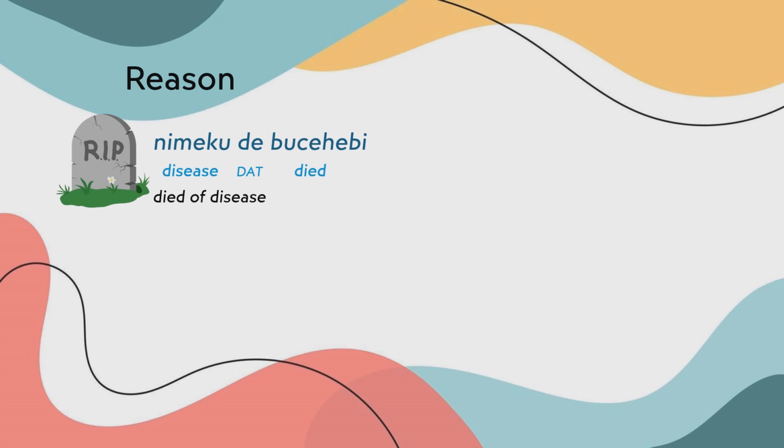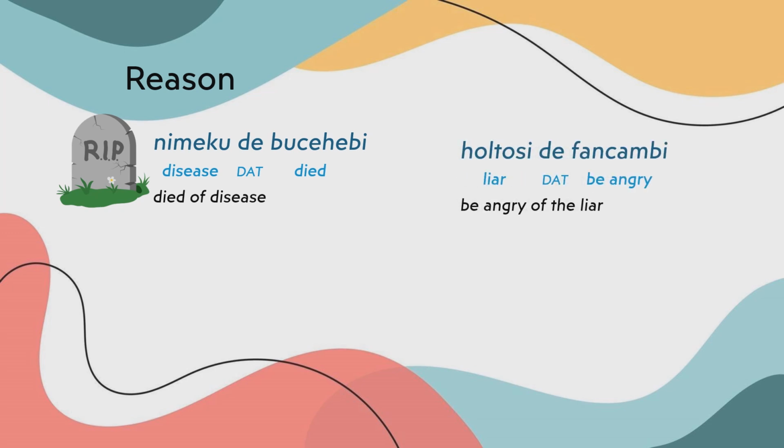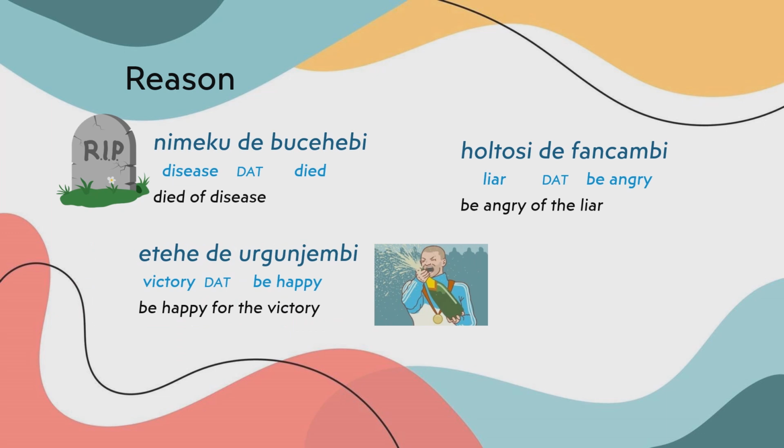So here, the disease is the reason of the death. Next, be angry with the liar. So the liar is the reason of your anger. Then, be happy for the victory. So victory is the reason.